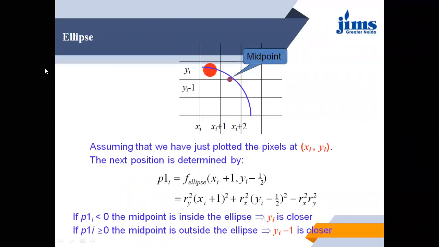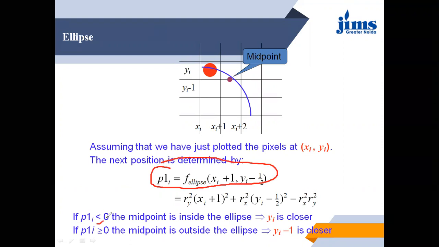In the same way, we can find these values in the case of the midpoint. As we saw the midpoint algorithm in the case of the circle, here also we can find the same. We will first find the value of pi and check whether the value is minus or plus.